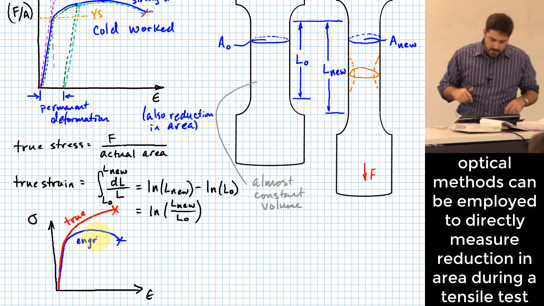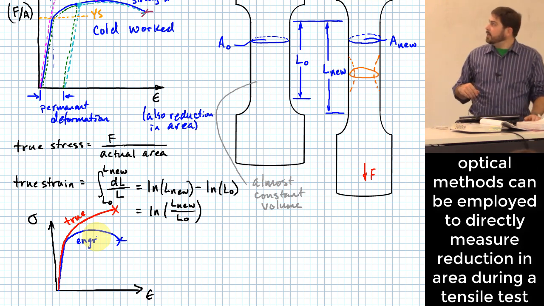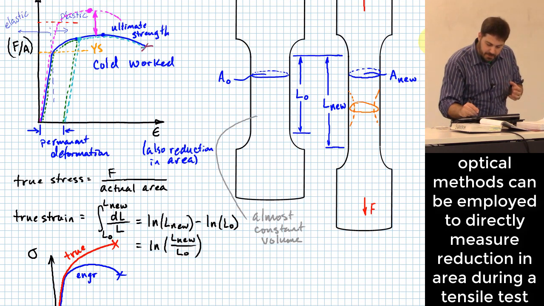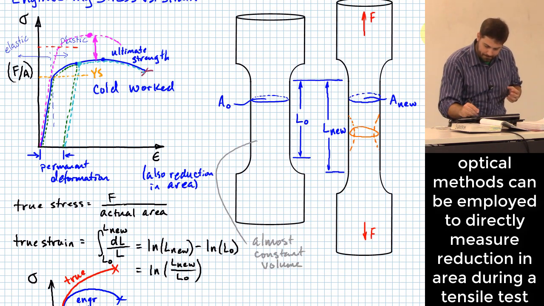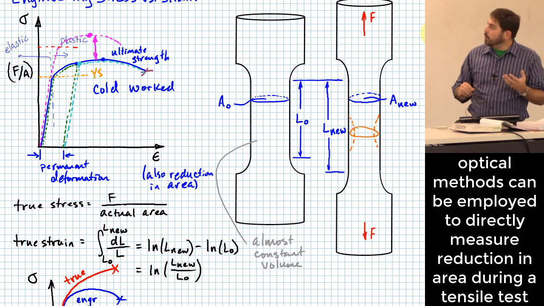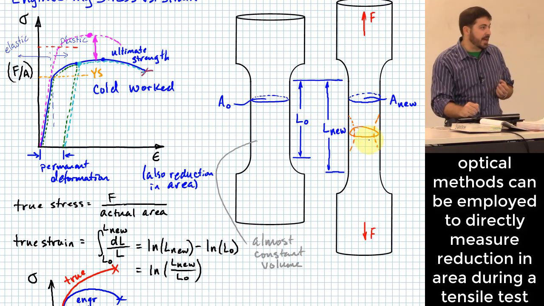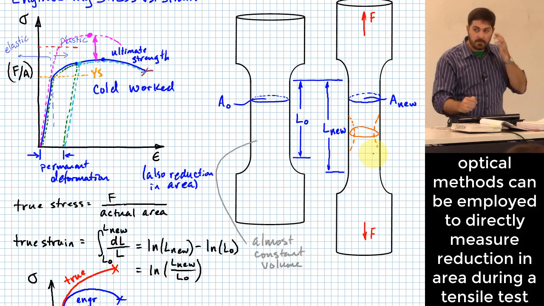Now let me say this too. What if your job was to characterize how these materials would begin to deform, and you know that one of the things that can happen is that the middle of the specimen might start to neck like this? How do you handle that?